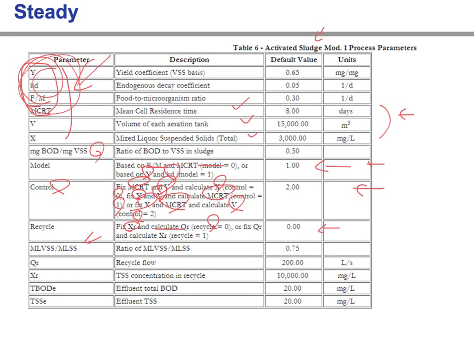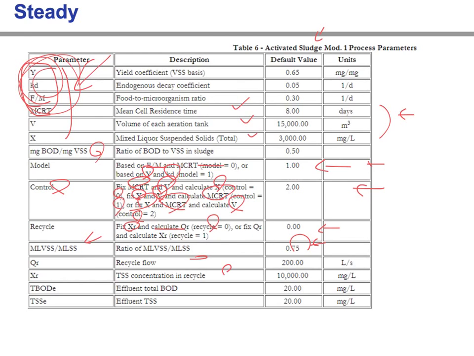This information is also important because not all MLSS contains microorganisms, so the ratio of MLVSS to MLSS is important. You can also choose a default value if you don't have additional information.